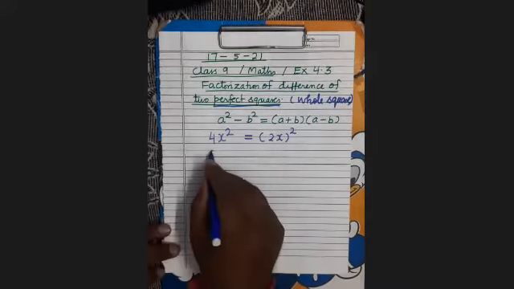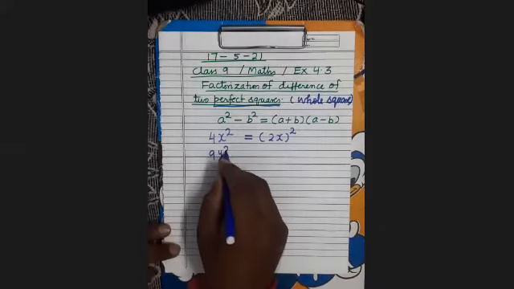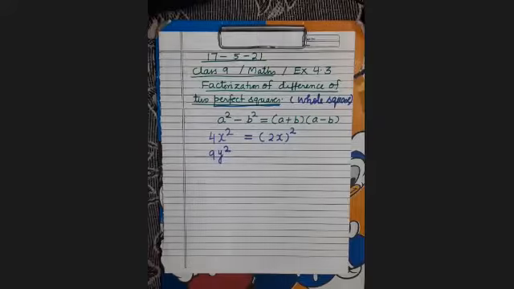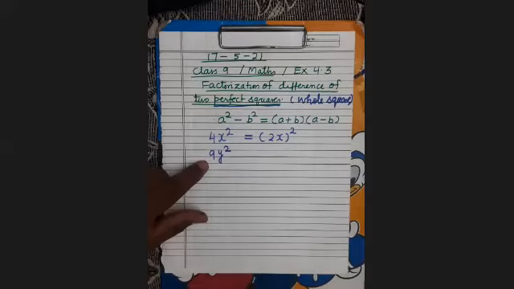For example, if it is written 9y square, so it is not in the perfect square form. Why? Because 9 is not written in the square form. 9 क्या है? स्क्वायर के फॉर्म में नहीं लिखा है. Only y is written.